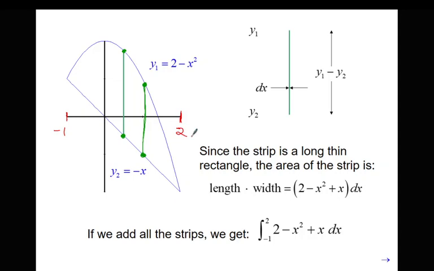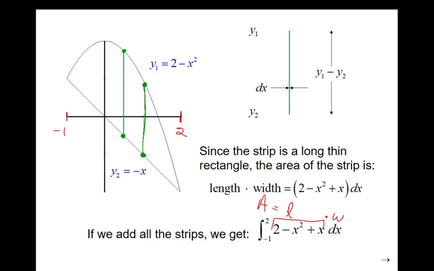And I want you to add up all those little strips that we just created that have a length of this. This is your length times width. And you're adding up all of these areas, and this function will do it for us. Okay? So that's basically how area between two curves works.